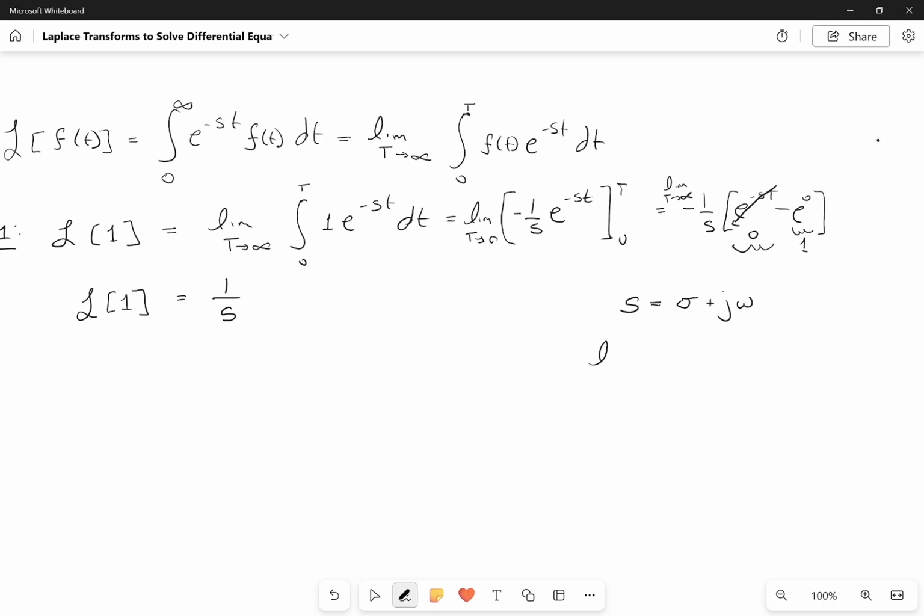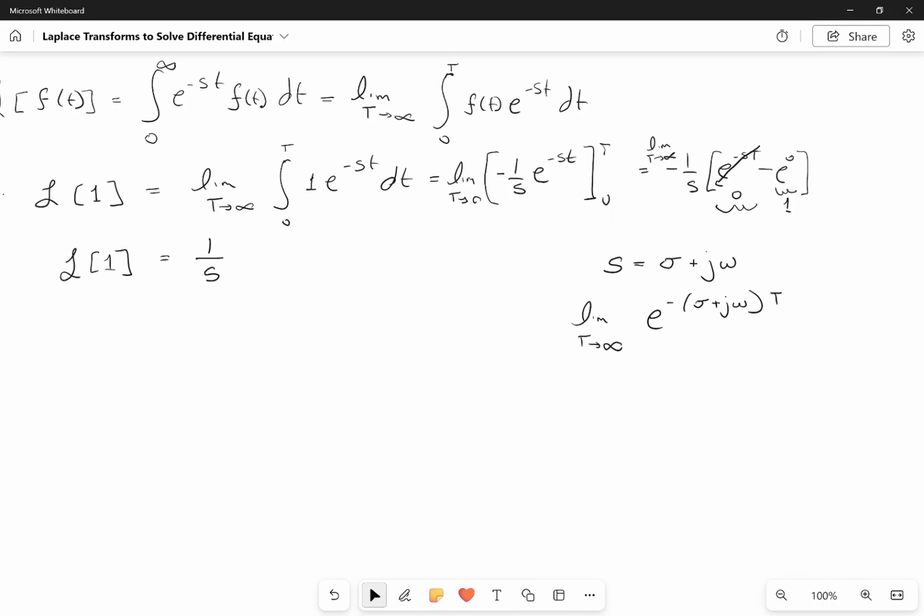And what do we have? We have the limit as t goes to infinity, and we're looking at this term right here, negative st, where s is sigma plus j omega, times t.